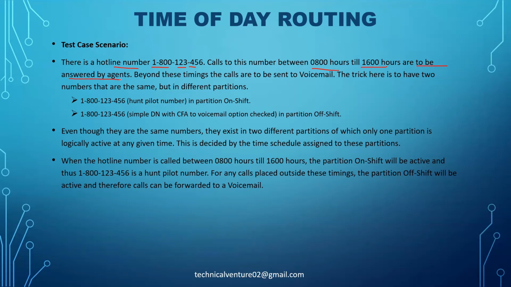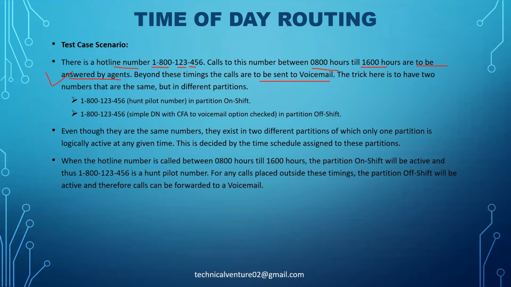So we can say this is our on shift. If there is any call between 8 a.m. till 4 p.m. in the evening, then calls should be answered by the agents. And beyond these timings, calls should be sent to the voicemail. If somebody is calling after 4 and till 8 a.m. in the morning next day, then those calls should be sent to the voicemail.